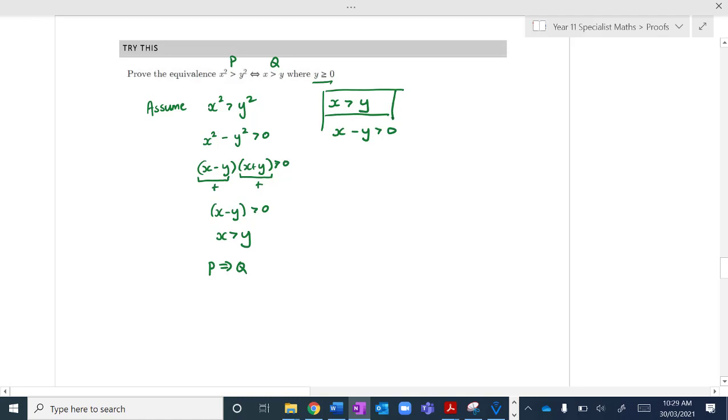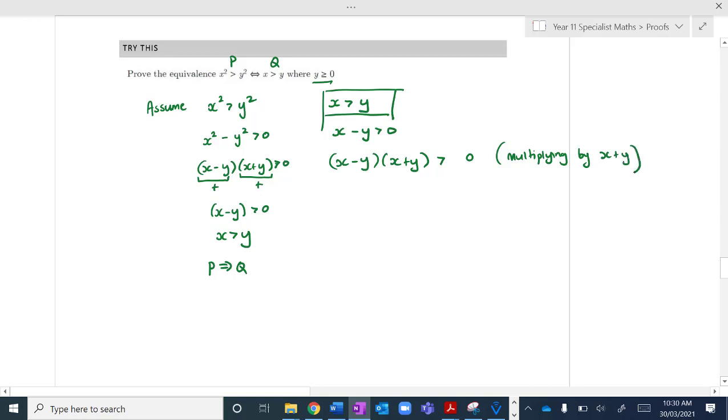Well, we've started with that, got it on the other side, and now I'm going to multiply x minus y by x plus y. I'm going to do the same to both sides, so we're really multiplying by x plus y. But of course, multiplying 0 by anything is still 0, isn't it?